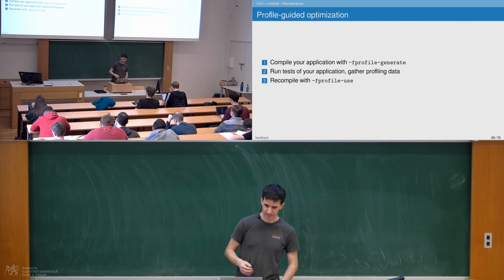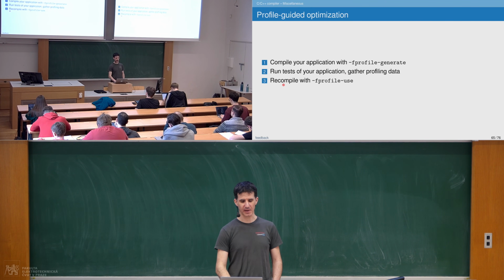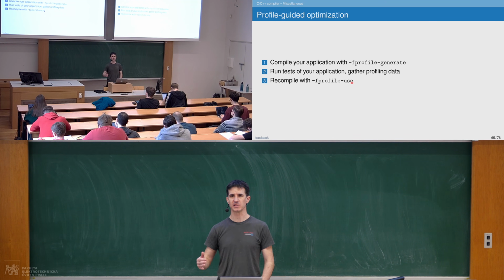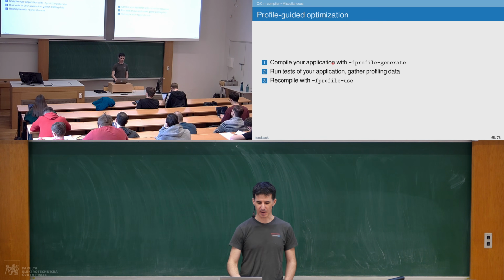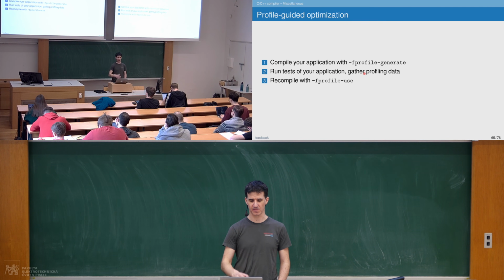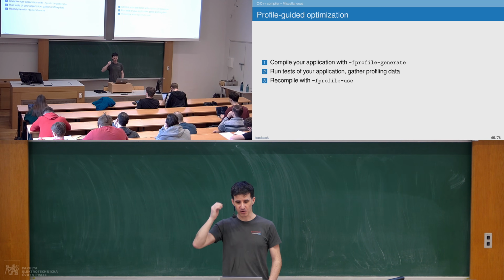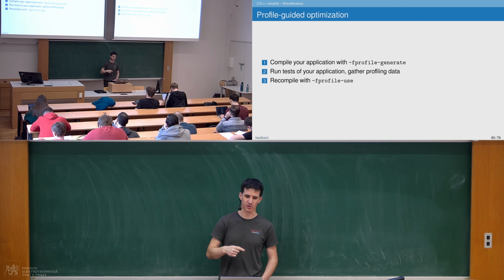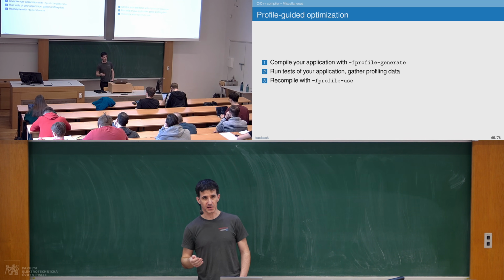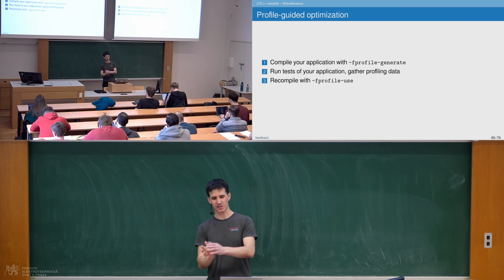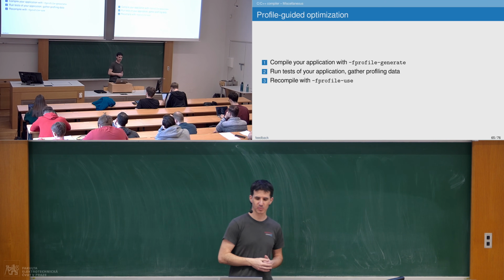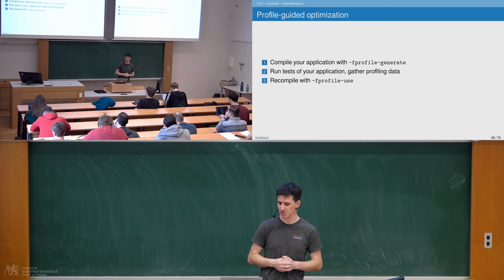Then you recompile your program again, now with a different switch, -fprofile-use, and you specify the data generated by those profiling runs. The compiler now uses the information from those test runs, figuring out which branch was taken when, how many times it was taken and how many times it was not, and tries to optimize the code with this information at hand.